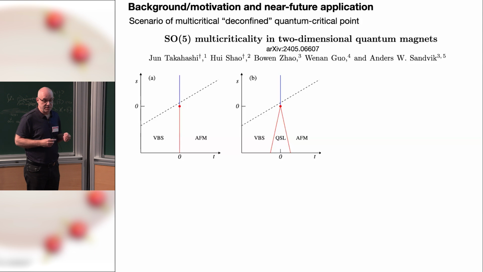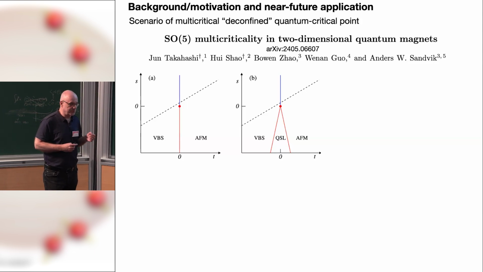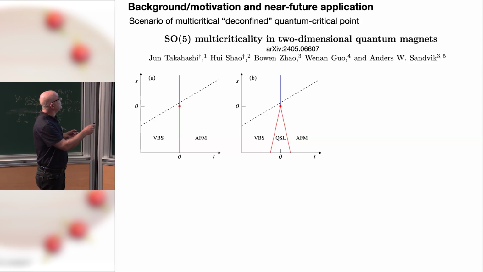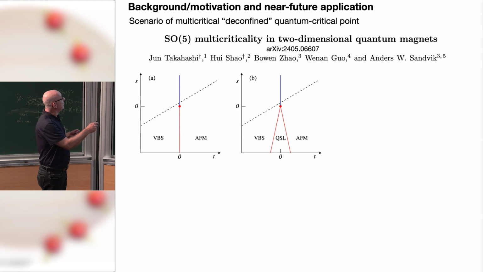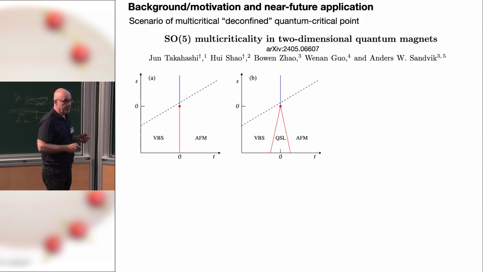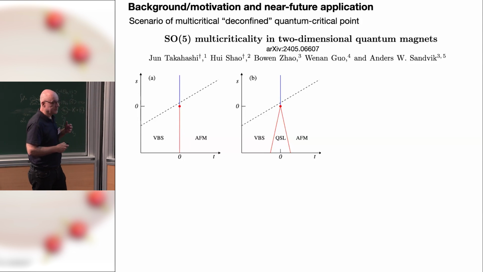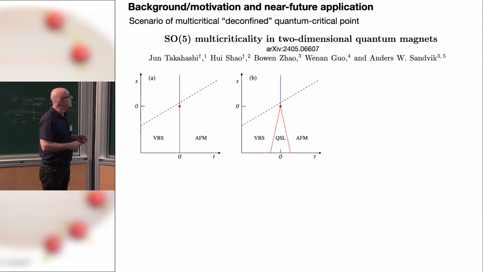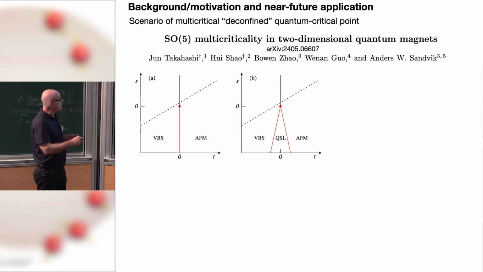So we have to tune two parameters to get to criticality, but that criticality is either a tricritical point, connected to a generic continuous line, or there could be a quantum spin liquid opening in these quantum spin models that we study. So then you only have criticality here.